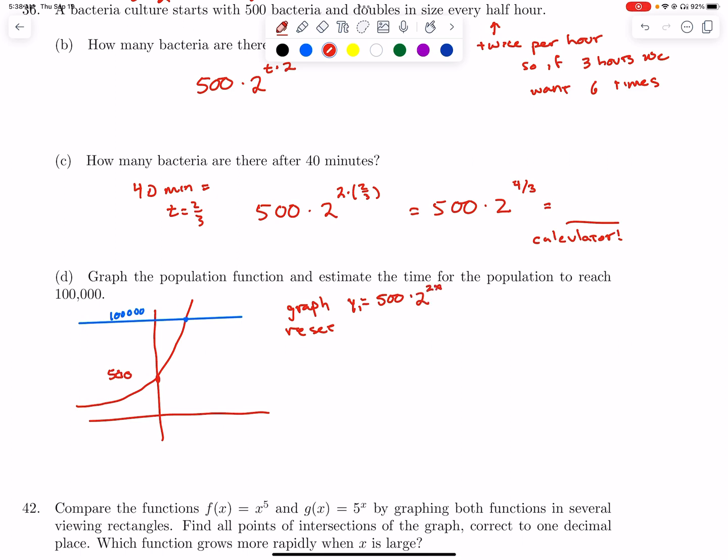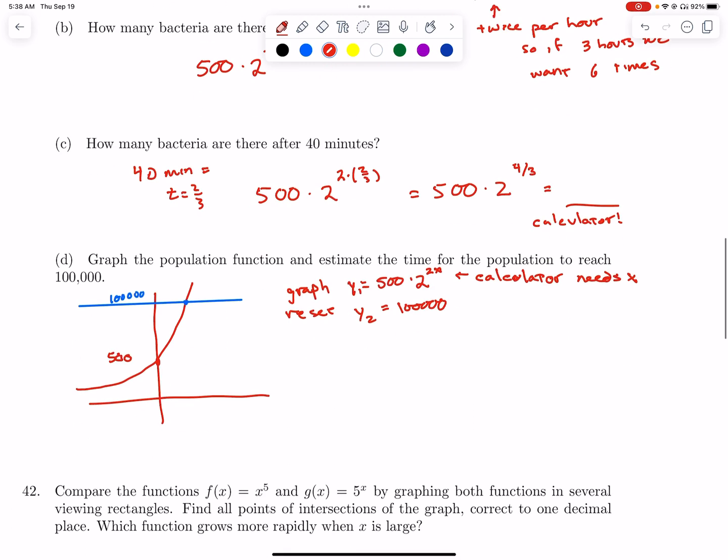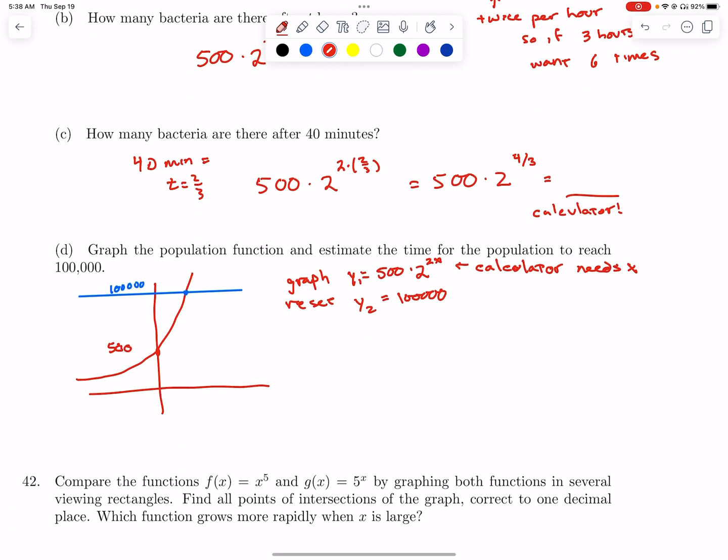It has to use x's. The t is only in parametric mode, so don't use the t. Reset, oh, so y2 is the 100,000. And then reset the window.